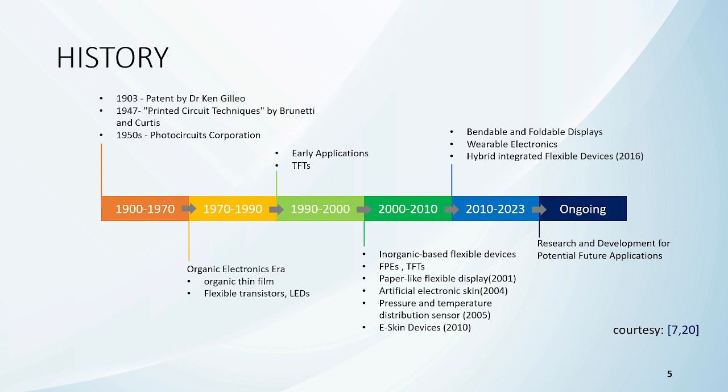Then flexible transistors and flexible LED devices were developed. The early applications of flexible devices started from the 1990s to the 2000s. In that time, thin film transducers were developed.